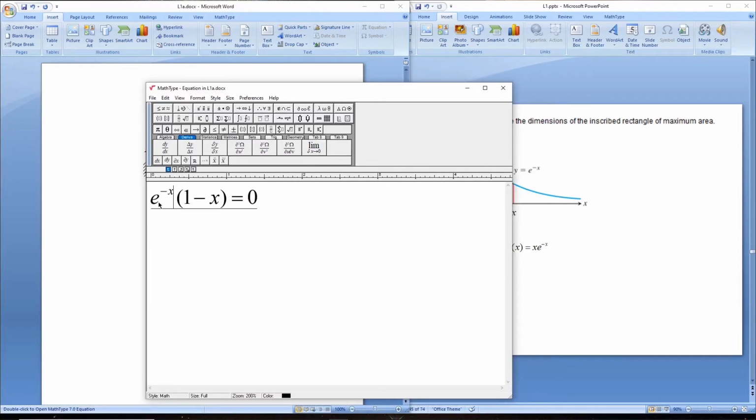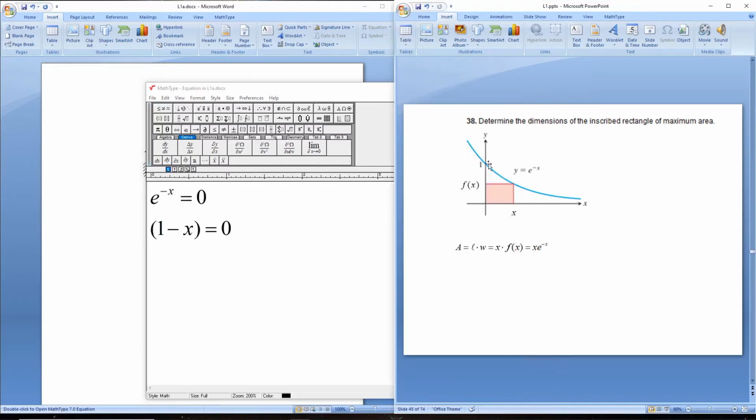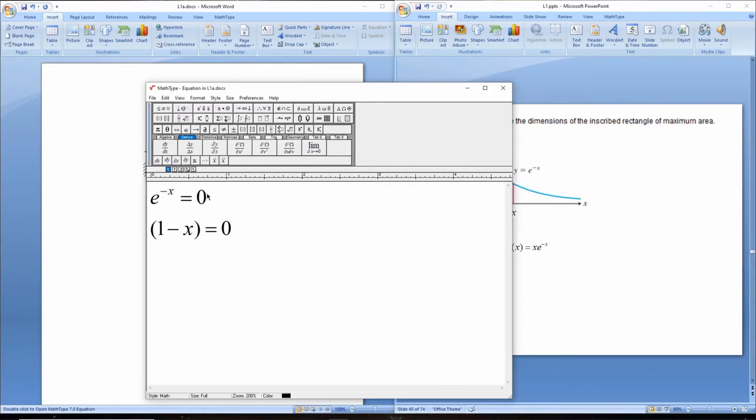So that's where, because we have these two factors, you can set the factors each equal to 0. And e to the minus x, that is the function you see here in blue. It gets forever closer to 0, but can never output 0. And so that one gives us no solution. While this one will get us x equals 1.